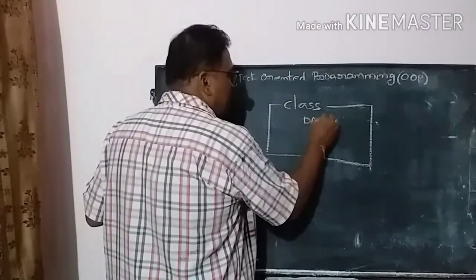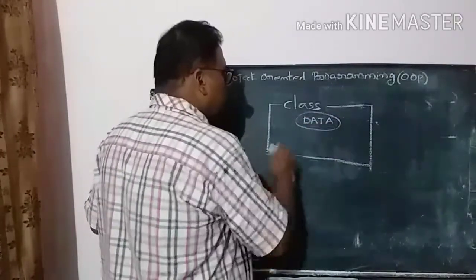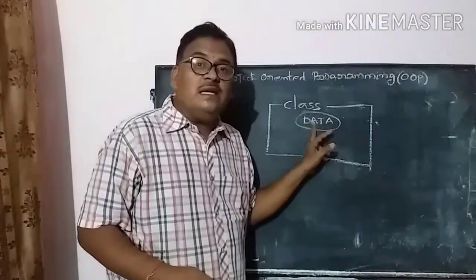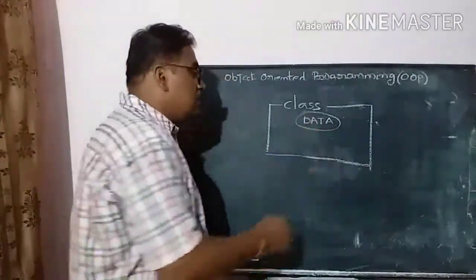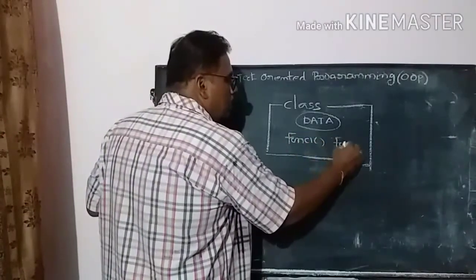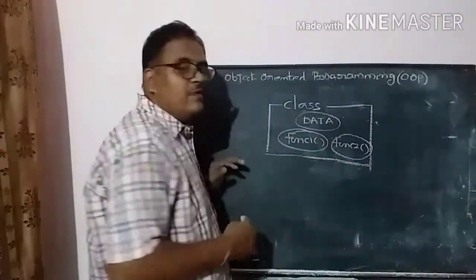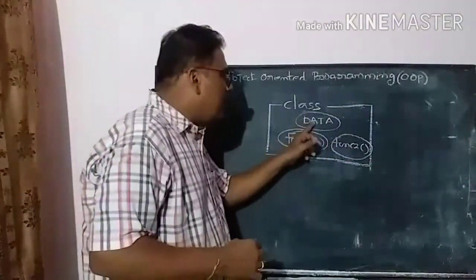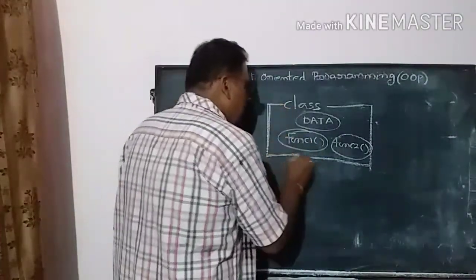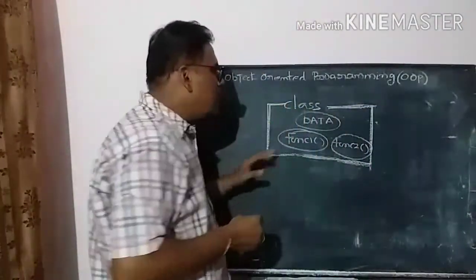This is data like A, B, C variables. And the functions which utilize the particular data are also defined in the class. Function 1 and function 2. Data and functions are insulated, placed, encapsulated into one unit.